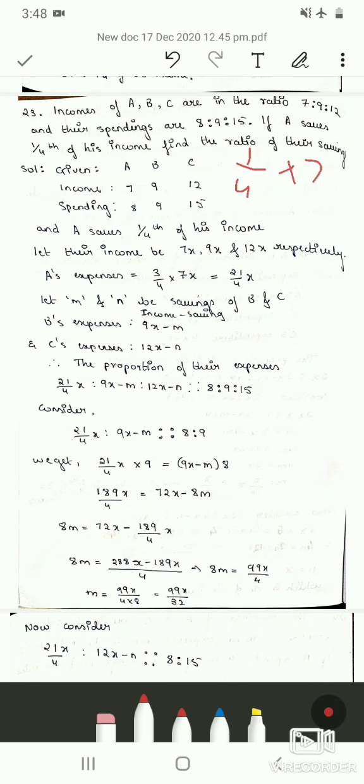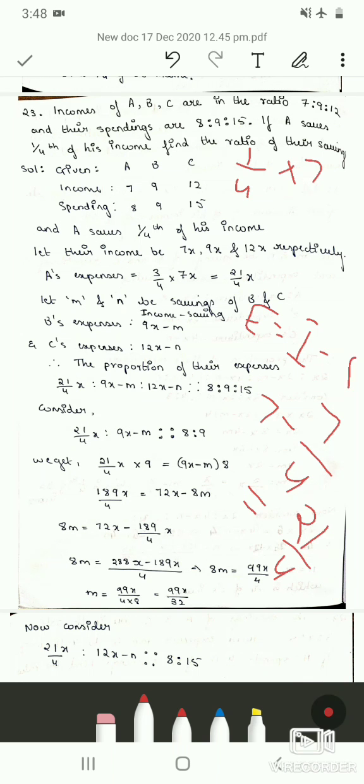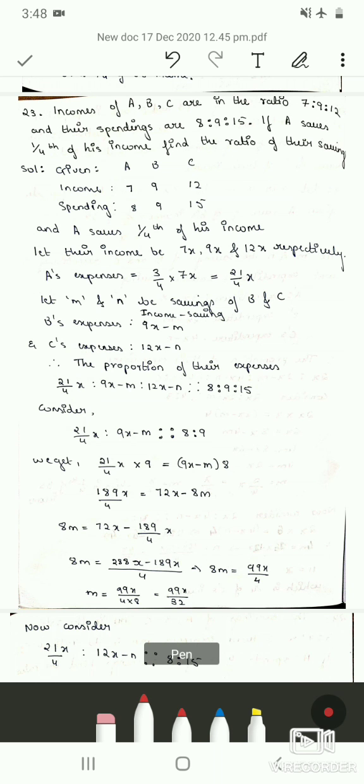To get the expenditure, you have to subtract the saving from the income. So income is 7 and we got savings as 7/4. Therefore, 7 fours are 28, 28 minus 7 is 21/4. So we got the same answer. So you can solve it either way. So here, if the saving is 1/4, then expenditure will be 3/4 of the income.